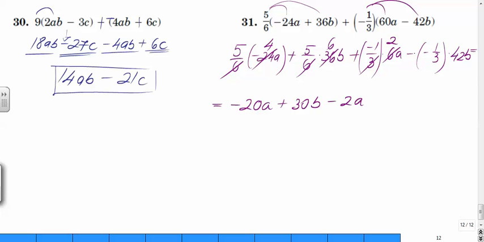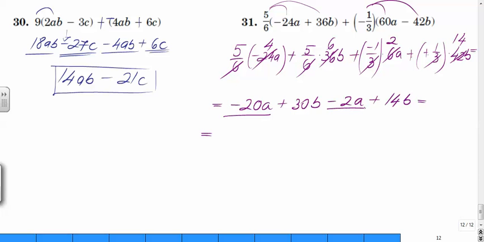Next, well, minus minus, I will add the opposite, so whatever the product here will be, the whole thing will be positive. 3 goes in 42, how many times? Well, 3 and 4 once, 3 and 12, 4 times, will be plus 14b.